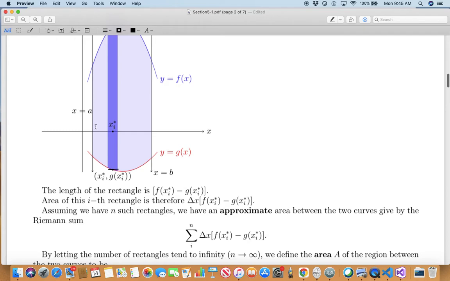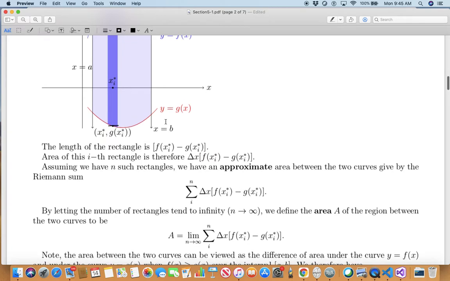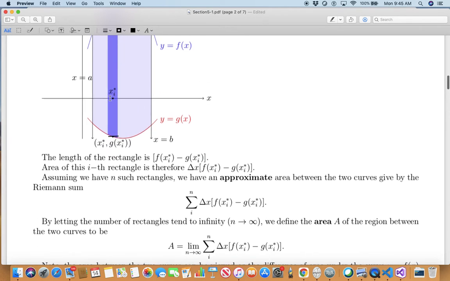So, assuming you have n such rectangles, we have an approximate area between the two curves given by the Riemann sum, the summation of the areas of all the rectangles, summation of delta x times f(xi star) minus g(xi star). So what is xi star? Xi star is any point in the interval for the ith rectangle.